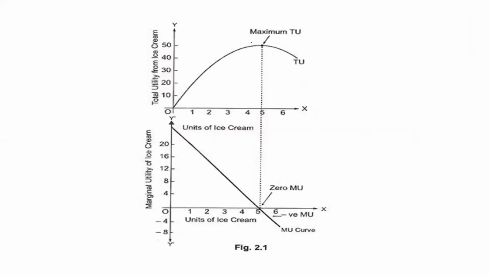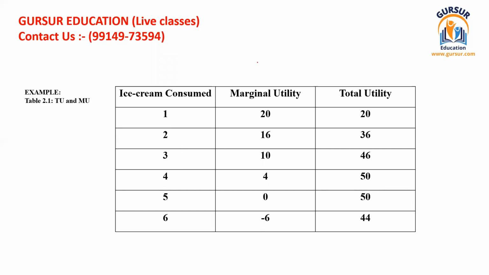So that becomes stagnant. This is the level at which the total utility is not increasing, and in this case your marginal utility is 0. The only reason is that the total utility of the current item minus the total utility of all previous items comes to be 0. This is the reason why this is 0.